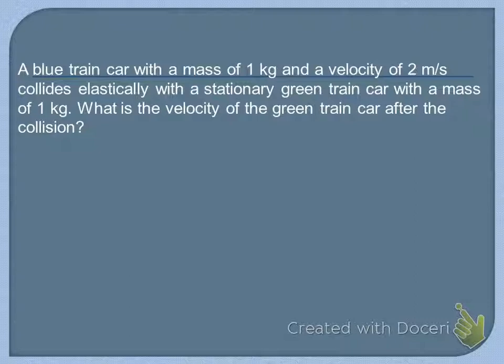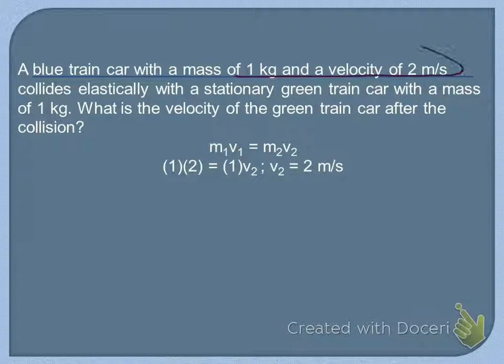When we set this up, first of all, we know that M1 V1 is going to be equal to M2 V2, because the momentum of the moving car right here is going to transfer to the stationary car.